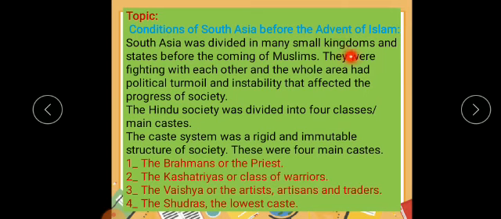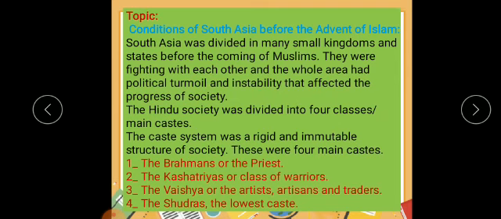They were fighting with each other, and the whole area had political turmoil and instability that affected the progress of society. What is political turmoil? It means a political disorder or disturbance.